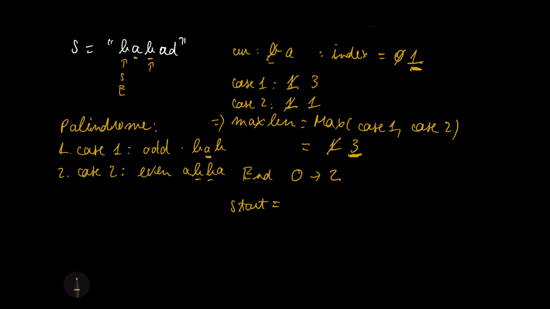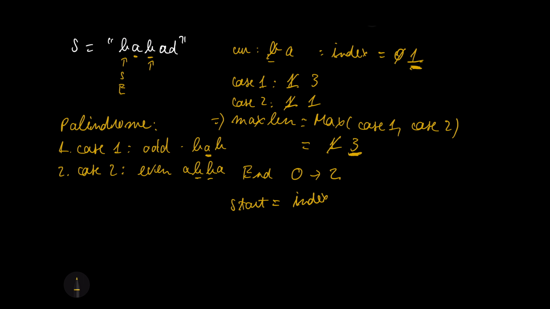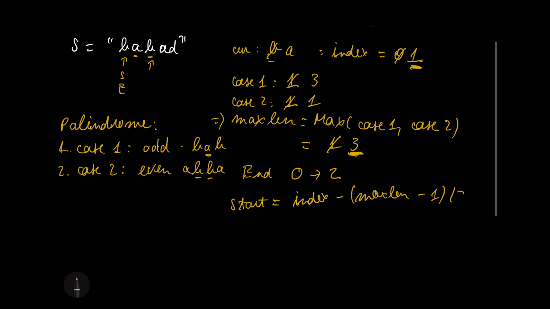We can see the formula for the start: at the center's index here, we move half of the length to the left of it. So it will be index minus the max length, minus 1, and then divide by 2.